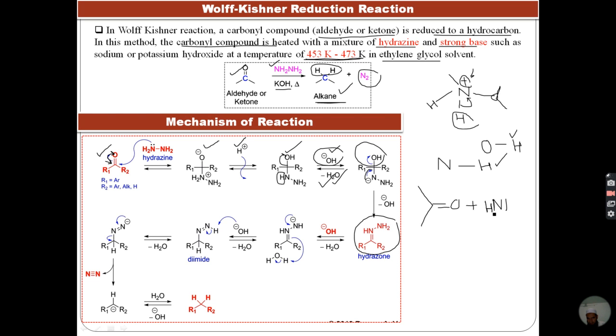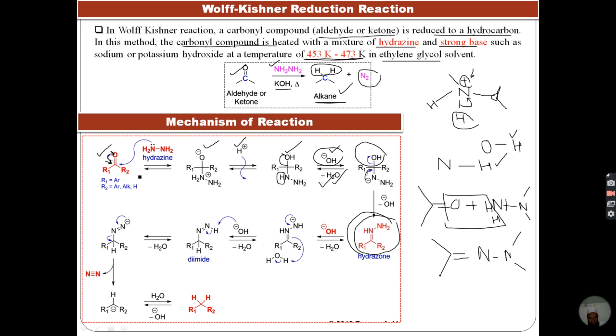This is our hydrazine, NH2, and this is NH2 on this side. Simply remove this water molecule from here. So what is formed? C double bond N, NH2. So this compound is called the hydrazone. Same is the case here, C double bond NH2. So this is your hydrazone.